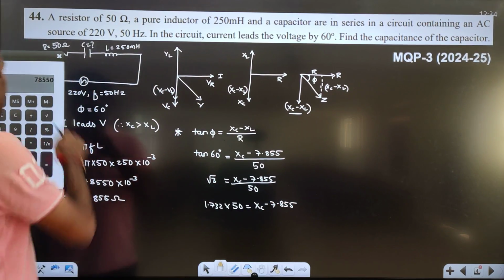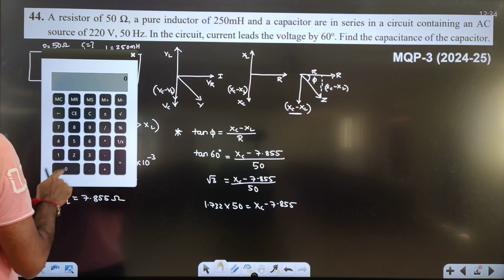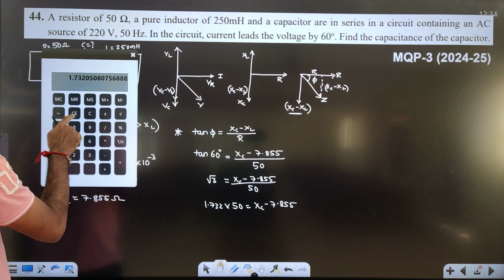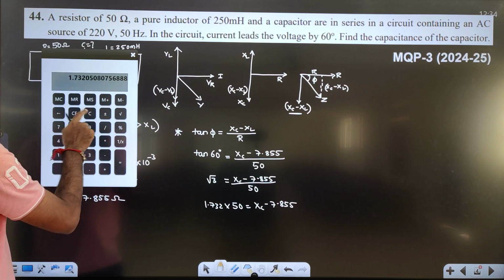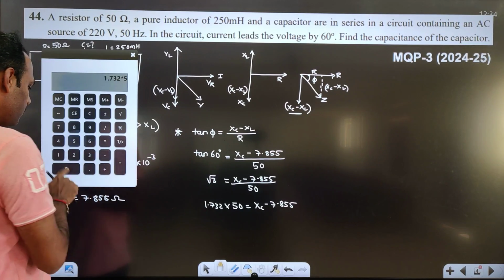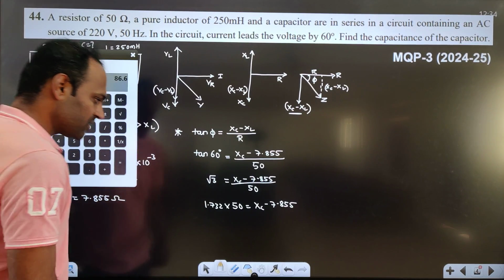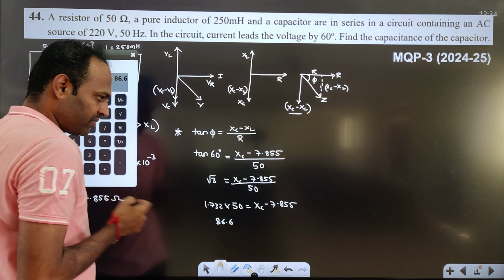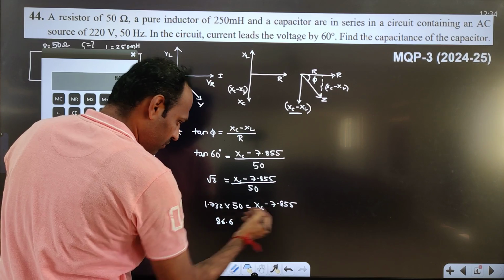So 1.732 into 50, that is 86.6, right? So this is 86.6. I will shift this 7.855 to this side.